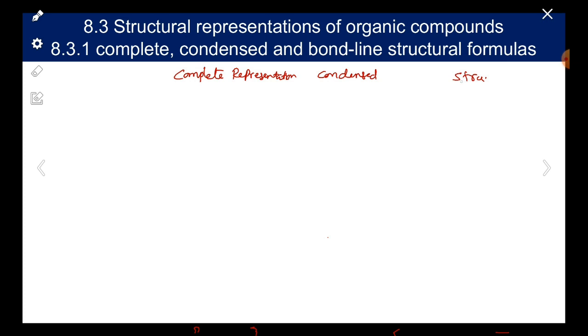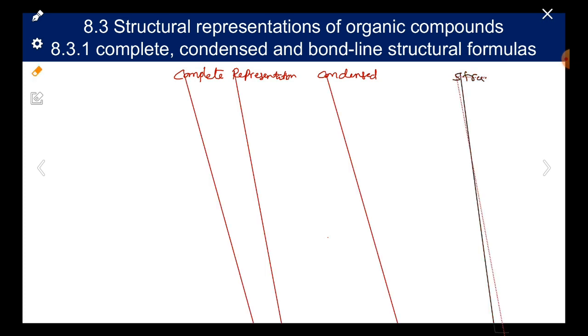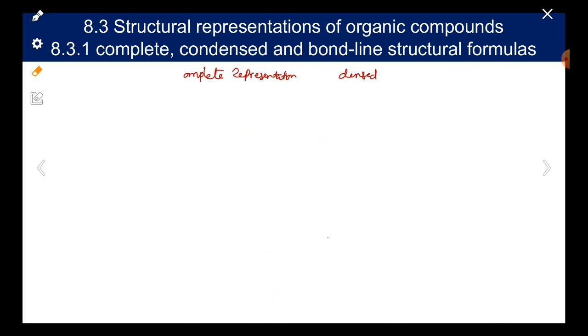Sorry, bond line structural formula. Okay, complete representation, then condensed representation, then bond line representation or bond line structural formulas. I will start with the fundamental structures.